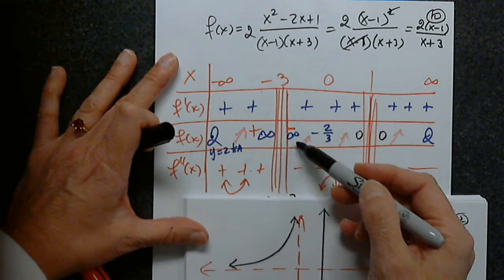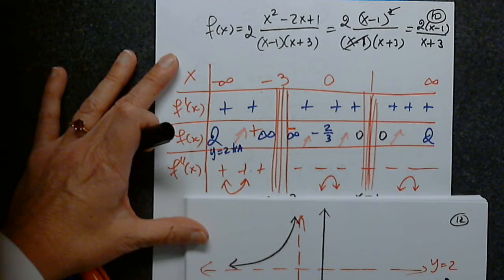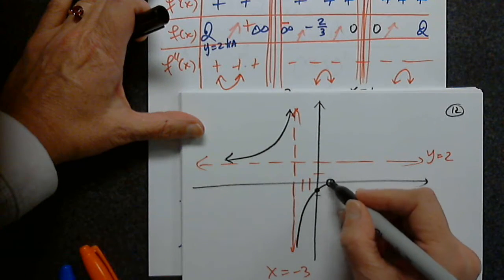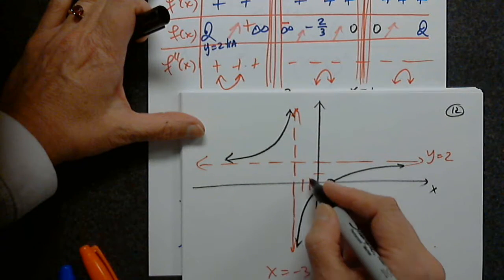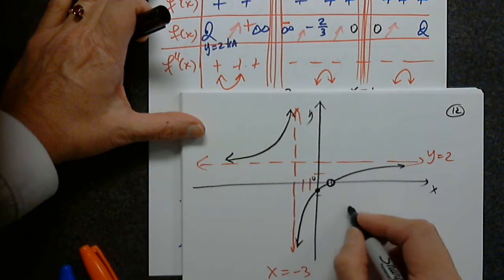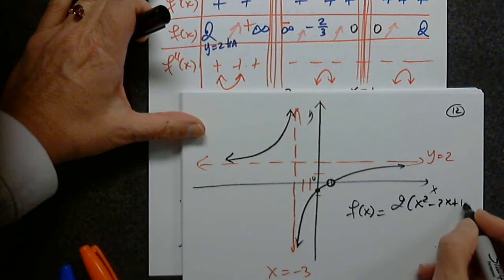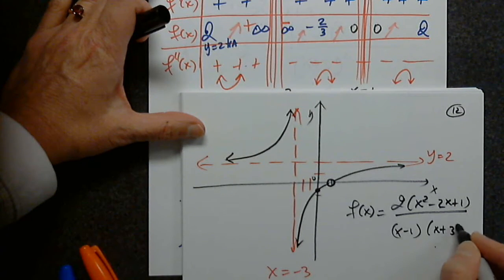Here it's coming from negative infinity, crossing the x-axis, going through this hole and approaching 2. Again, it cannot be easier than that. And this is f of x, twice x squared minus 2x plus 1, the original function, over x minus 1, x plus 3.